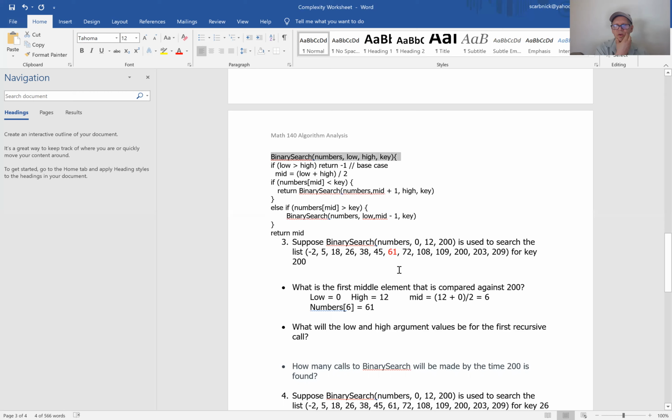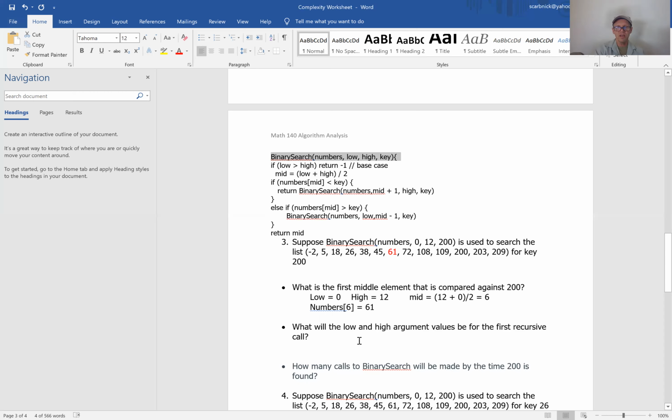Okay, so since it's sorted, if 200 is greater than 61, the middle element, it's greater than everything to the left of 61. So we don't have to consider what's to the left of 61. We only care about what's to the right. If 200 is in this list, it has to be on the right side of 61. So the high doesn't change, but the low is directly one to the right of mid.